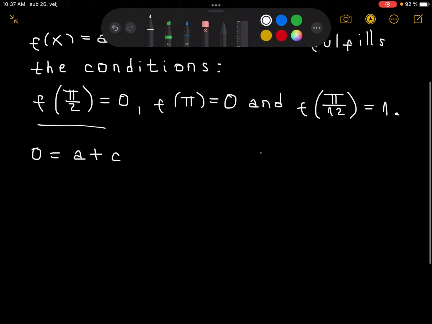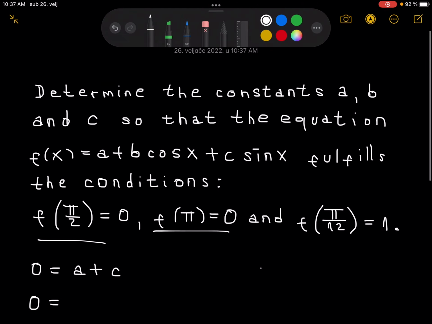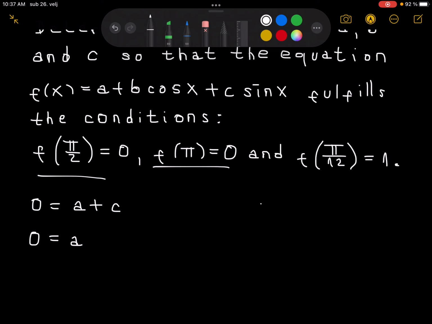Okay, let's go ahead and do the second one. Again, instead of f of x, we'll be writing 0, so we're doing this one now. 0 is equal to a plus b times cosine of pi, no need for brackets, plus c times sine of pi.